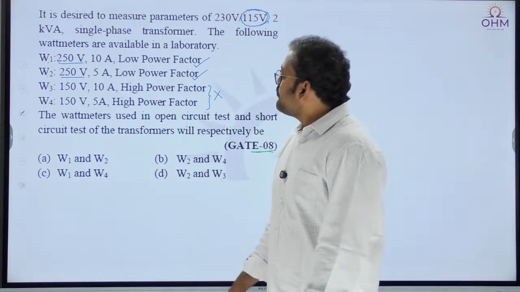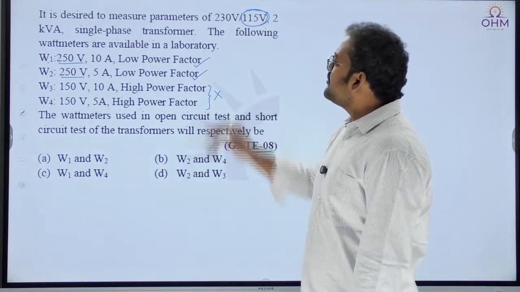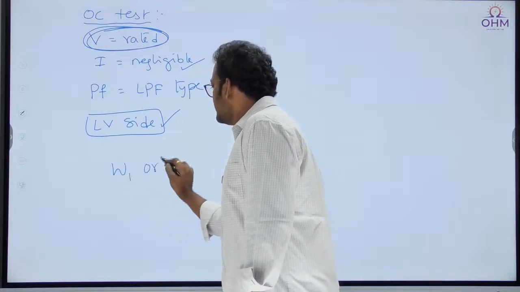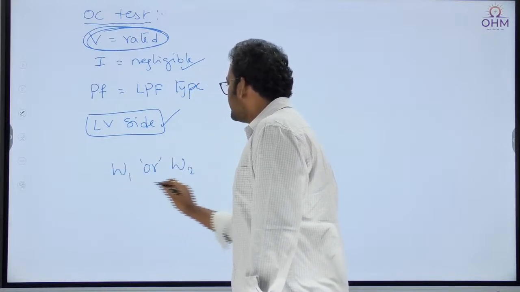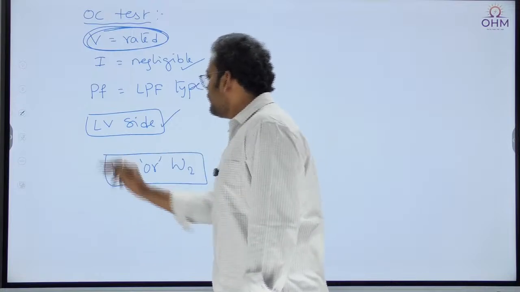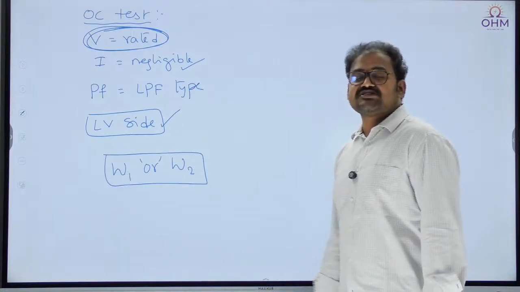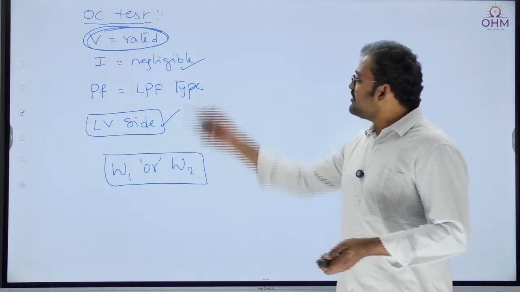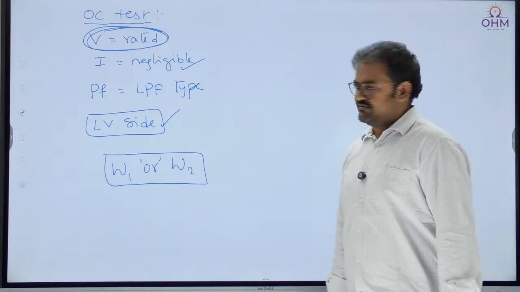That is why for the OC test you can use either W1 or W2. You can use any wattmeter. Why? Because both can withstand 115 volt. Why am I not talking about current rating? Because current is negligible during the OC test.